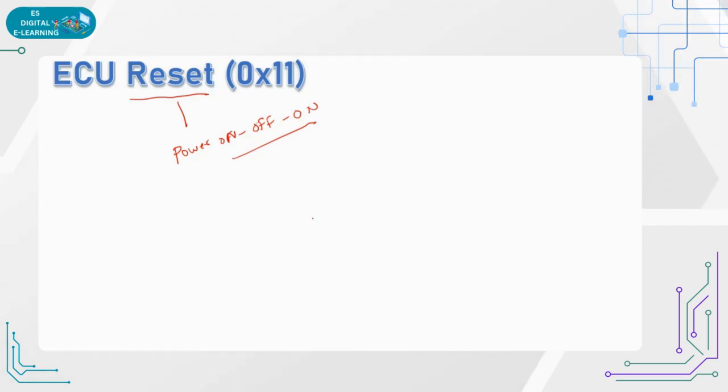It will restart, meaning the application will go off. When it is in the on state, it will go off, and again it will go on. So this is the reset, right? The service ID for this is 0x11. Okay, is it clear?